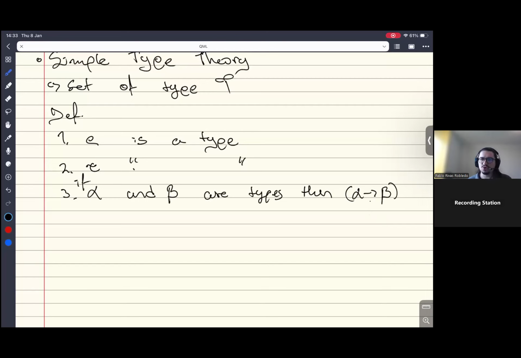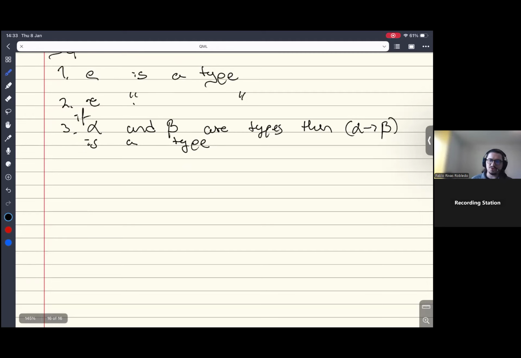You read this as "alpha to beta is a type." Intuitively, this is the type of functions from alpha to beta. There are other ways of writing this. You can lose the parentheses. Sometimes it's not ambiguous, but sometimes it is. And sometimes people write it like this.